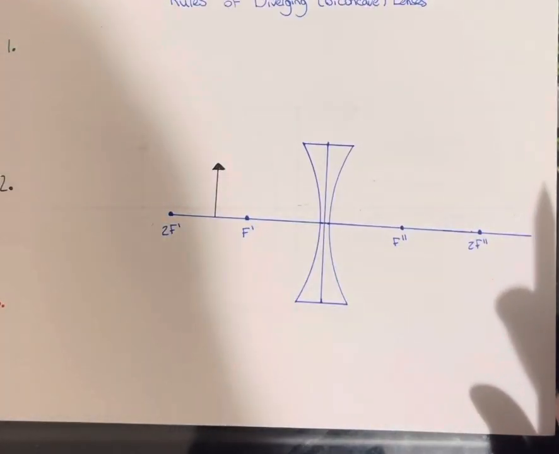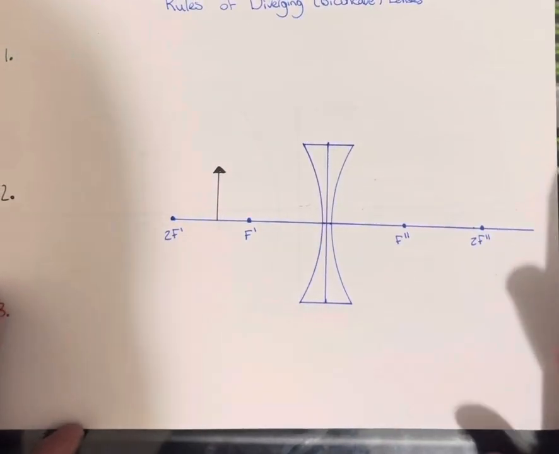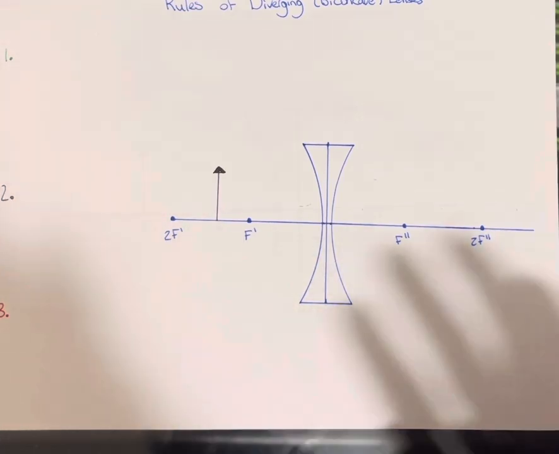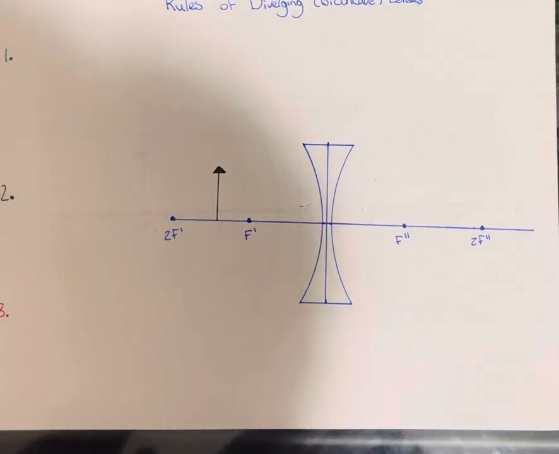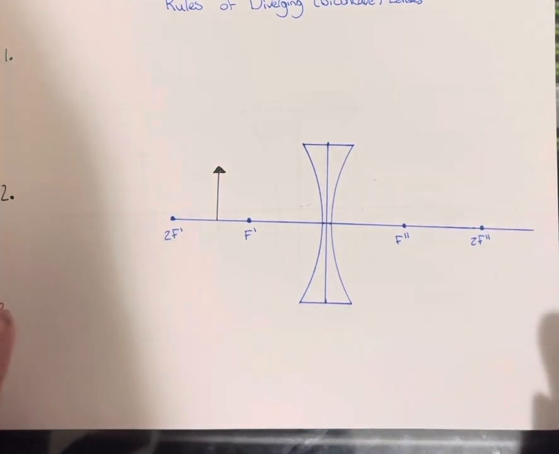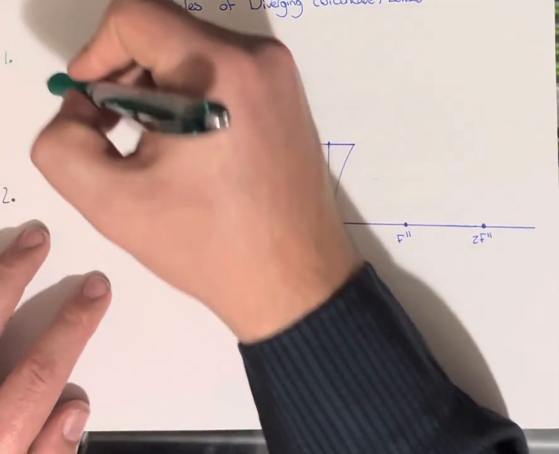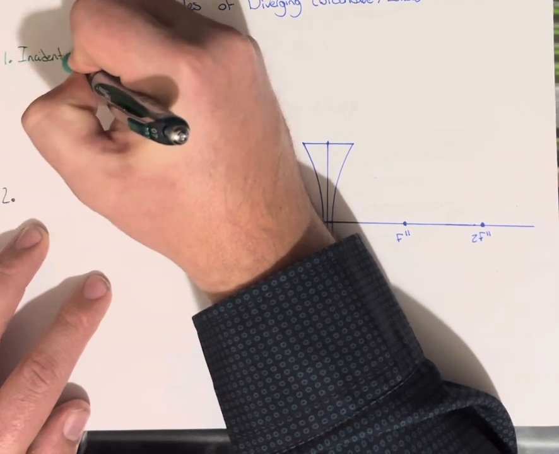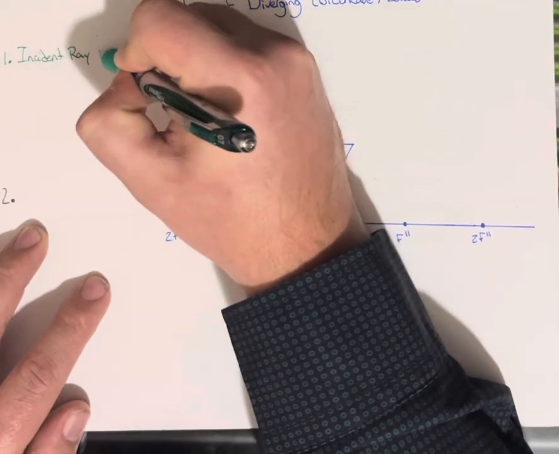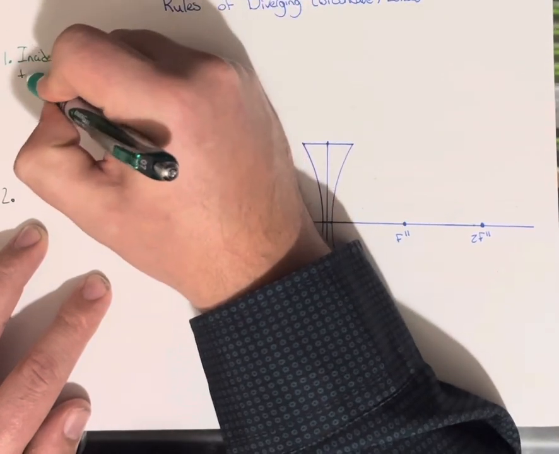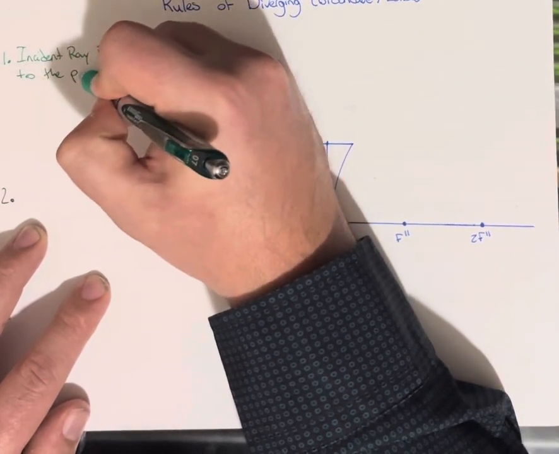So we are going to get into our rules that we are going to follow if we are going to create a ray diagram for one of these scenarios. When we are looking at this, our first rule, as we have done in all of our other examples, is going to begin with an incident ray parallel to the principal axis.